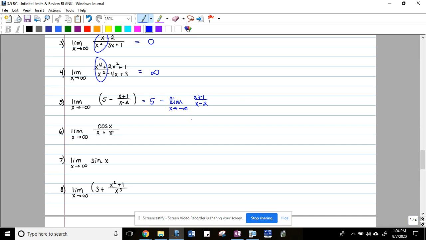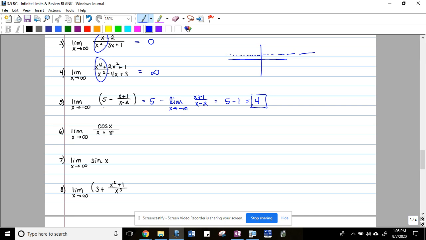It doesn't matter that you're approaching negative infinity. It's not going to be negative 1. Think about that graph. It has a horizontal asymptote of 1 all the way across. Doesn't matter which side we're looking at. Anyway, 5 minus 1 is 4. That's the limit value as x approaches negative infinity.